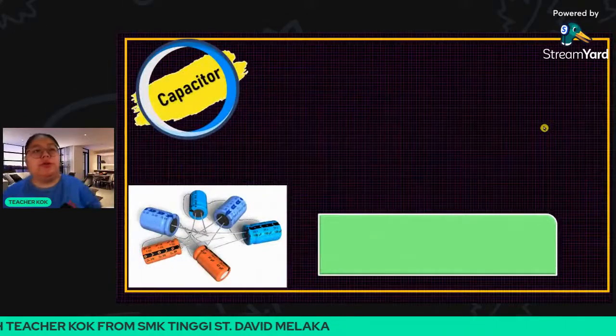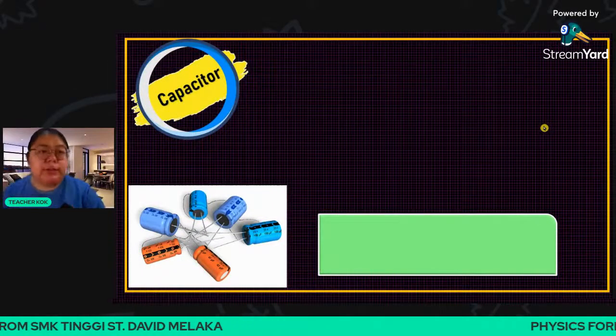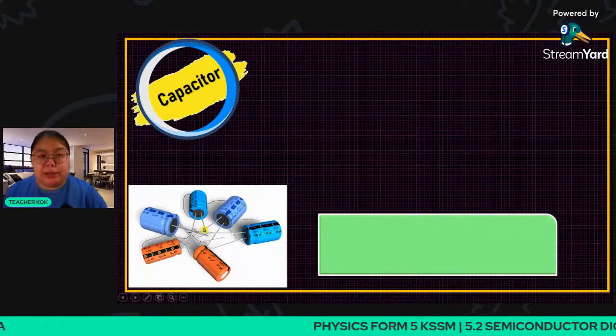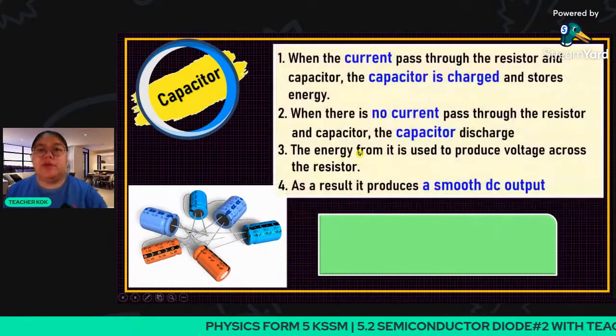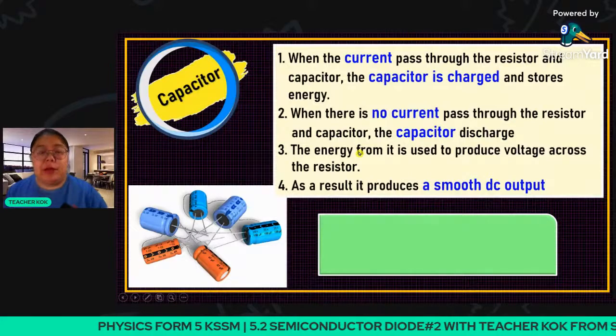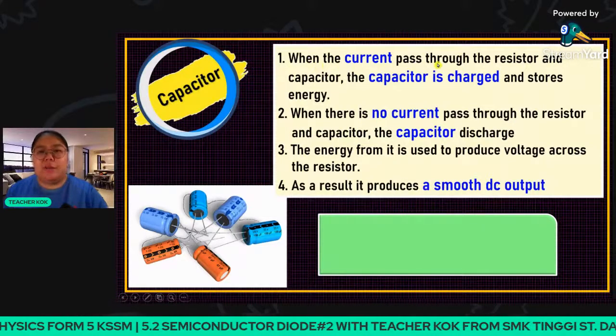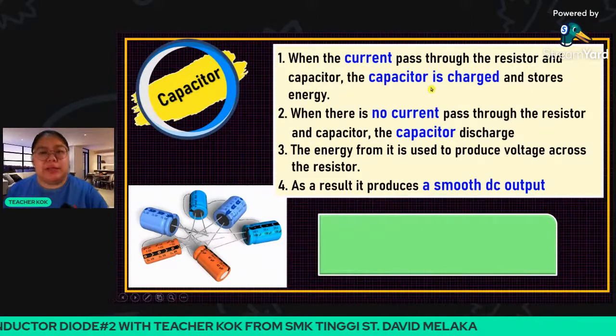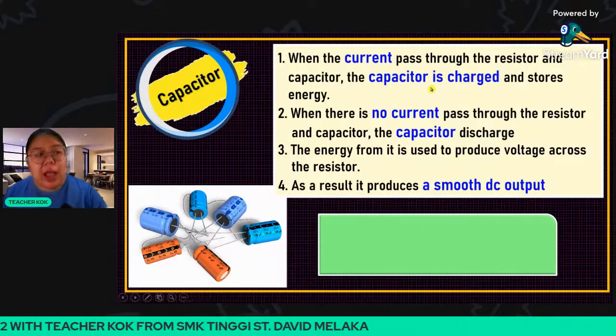Okay, so we need to introduce another component, called a capacitor. This is an example of a capacitor. First, let's see what the function of the capacitor is. When current passes through the resistor, the capacitor is also charged and stores energy.